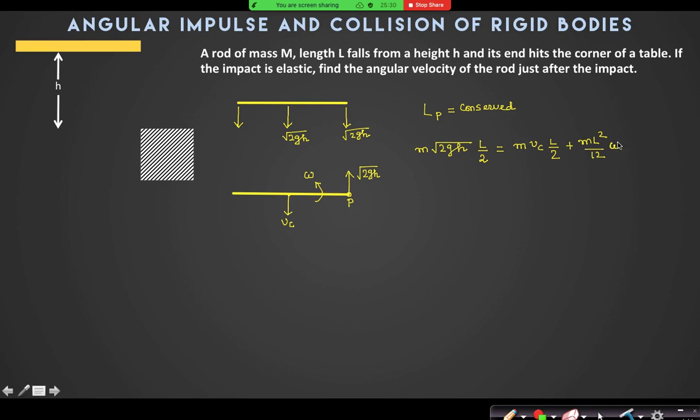Have I written correct expressions? Okay. I think we can have a relation between V and omega from this equation, but I still have to find what the relation between V and omega is. Any other equation that I can write?